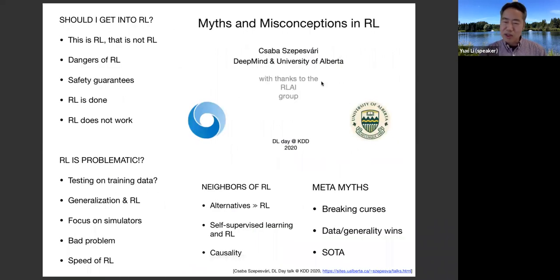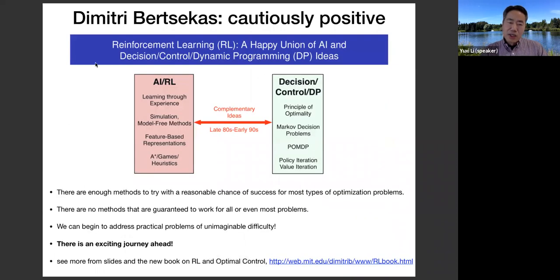And Chaba gave a summary of a discussion about the myths and macro misconceptions in refining. It was a talk at the deep learning day at KDD 2020. Dimitri Bertsekas is a professor at MIT.